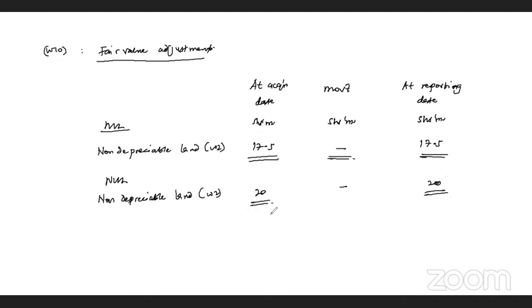So that's what we have. Those are the workings we have for this question of March 2022. Let us see how you can come up with our balance sheet for the group. Let us see how you can come up with a consolidated statement of financial position.